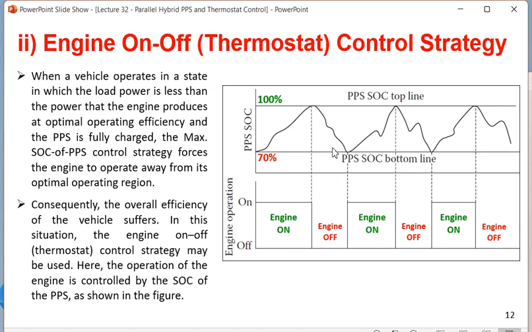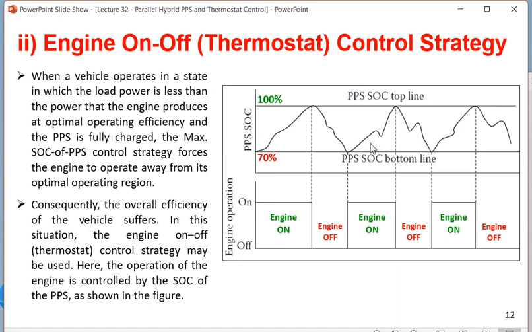So you are finding that PPS is again charging, but every time the PPS charging characteristic is different. There are 3 charging and 3 discharging profiles of PPS shown. All these 3 profiles are different because they depend on vehicle braking condition, road condition, traffic condition, everything. So you will never find the charging and discharging graphs of PPS to be similar.